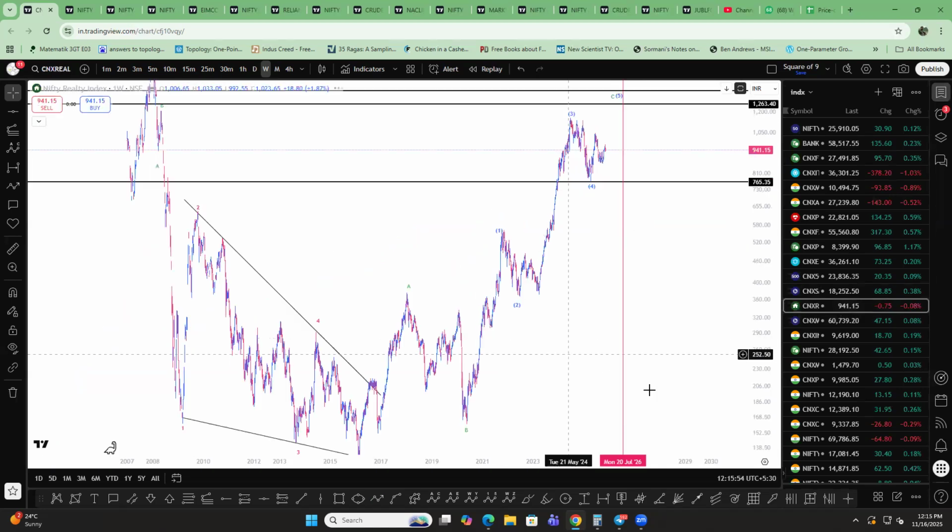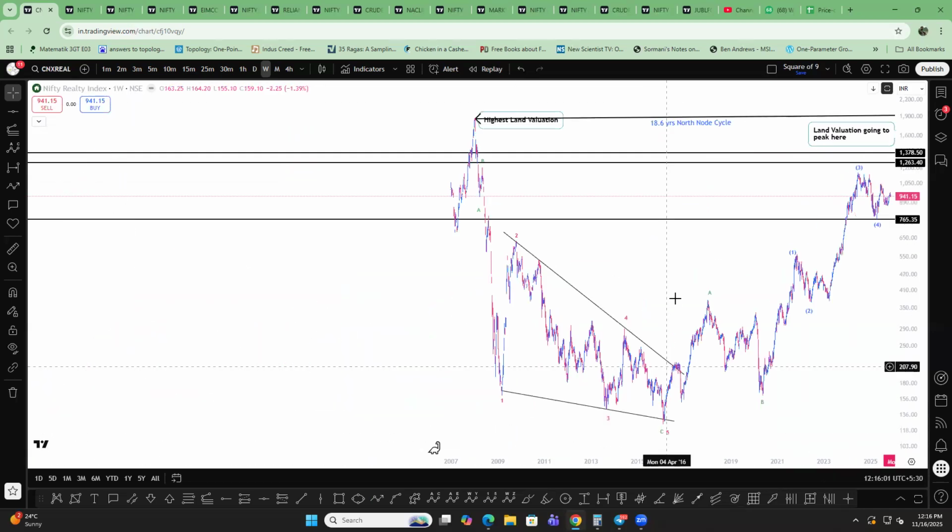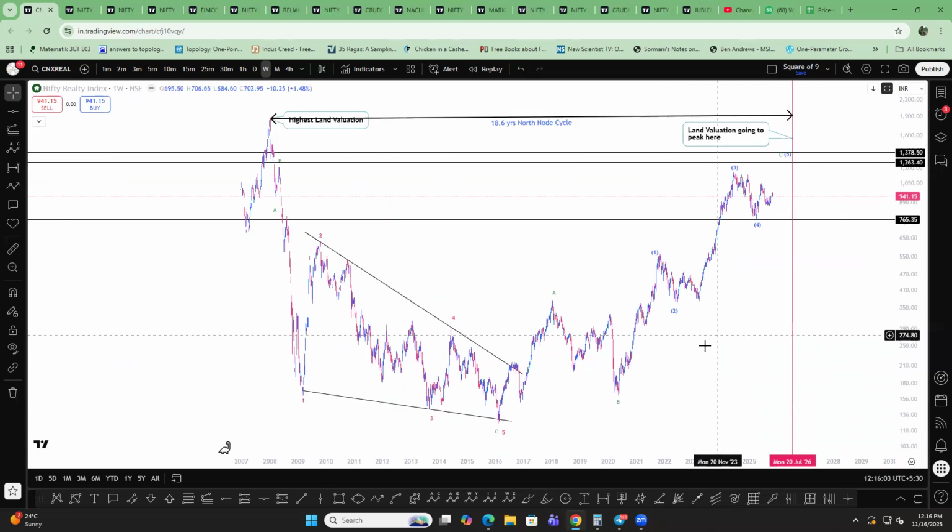Next, see the Nifty Realty Index. See, in the Realty Index, you must follow this very important north-north cycle, that is the 18.6 year north-north cycle. This is a very important business cycle.